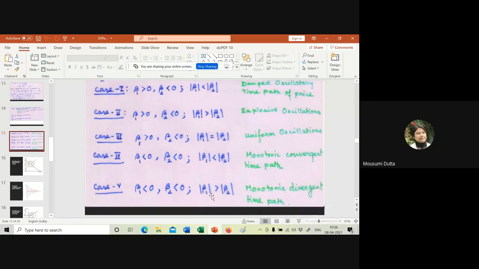You tell me, when mod beta 1 by beta 2 is less than 1, whether it will be convergent or divergent. You are telling mod beta 1 is less than mod beta 2. So mod beta 1 by beta 2 is less than 1. Yes. Then it will be convergent, monotonic convergent. Yes. Thank you.